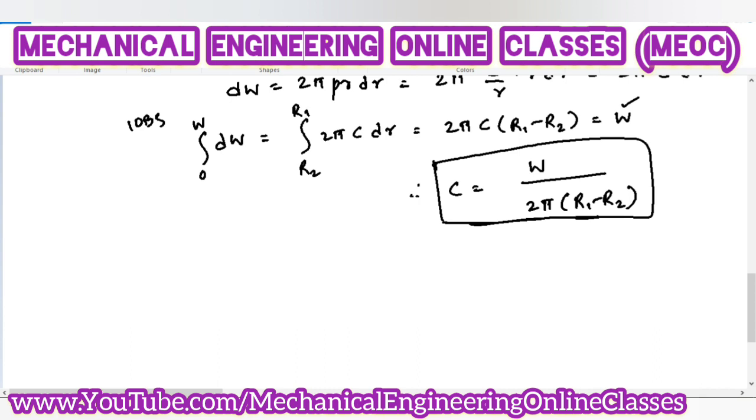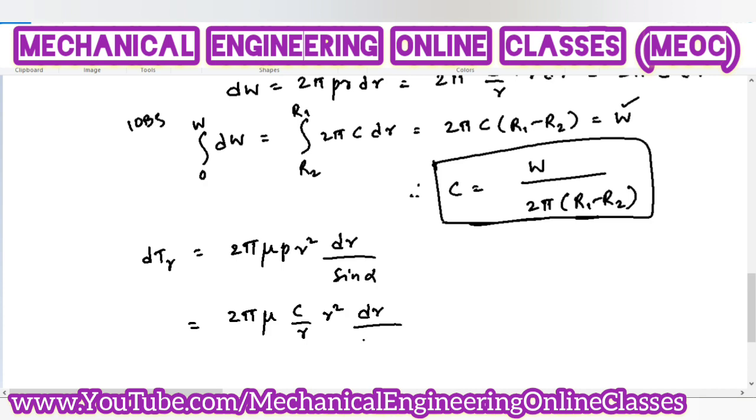Now consider the dTr equation, which is equation 1, which is 2 pi mu P R square into dr by sine alpha. Here P can be replaced as C by R, so I can cancel out one R from the numerator: 2 pi mu C R dr by sine alpha.